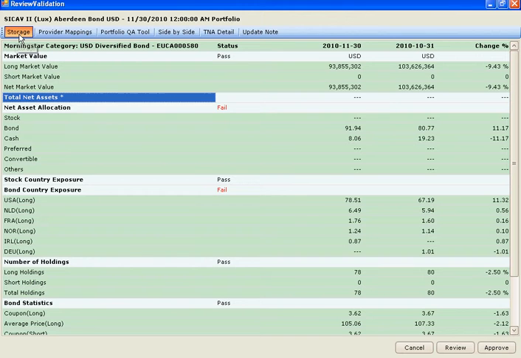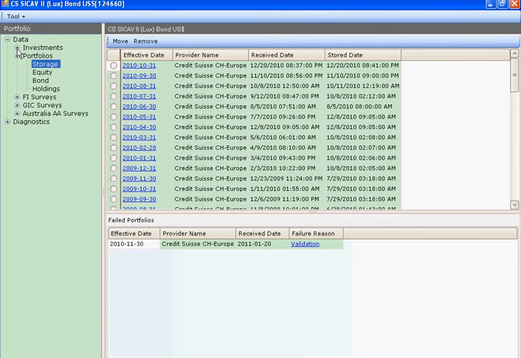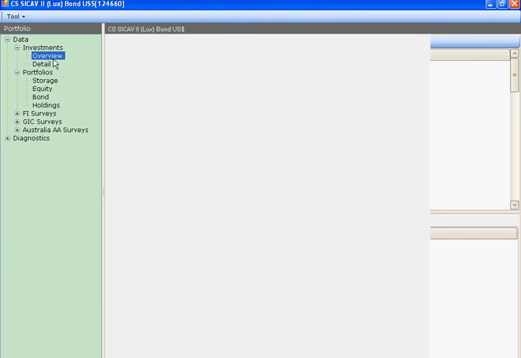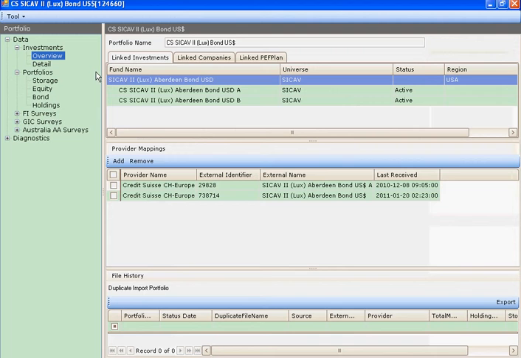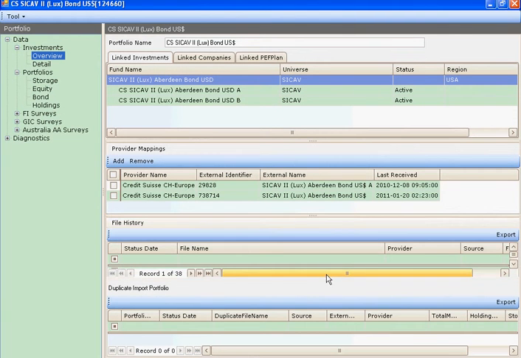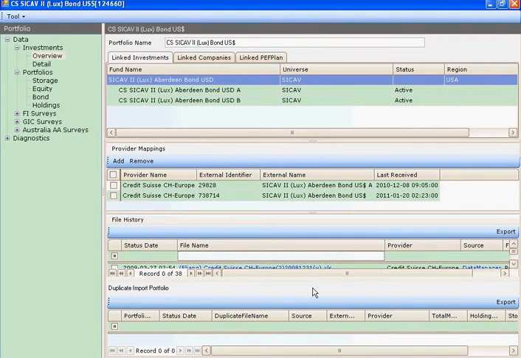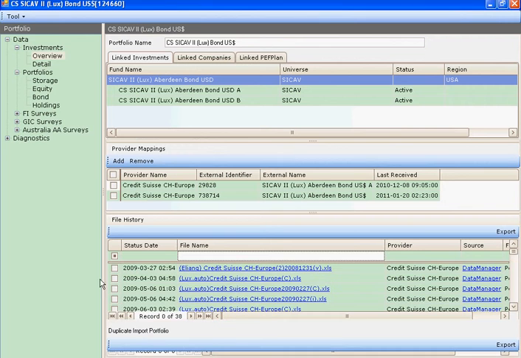We also press storage, click overview. You see?